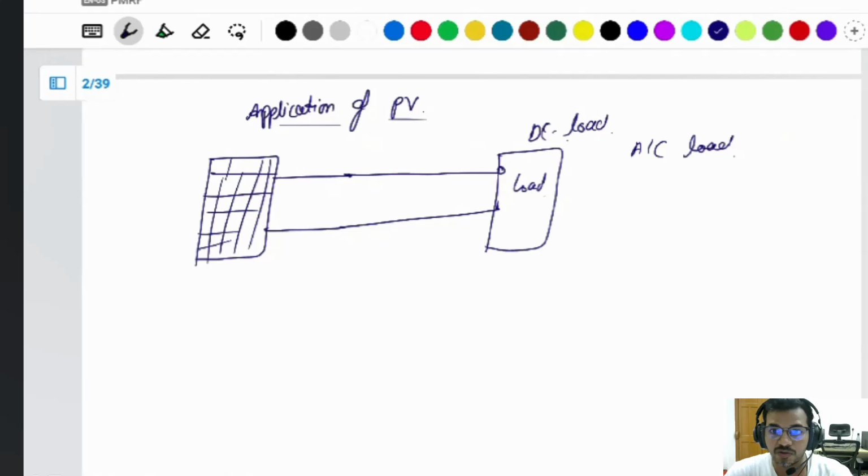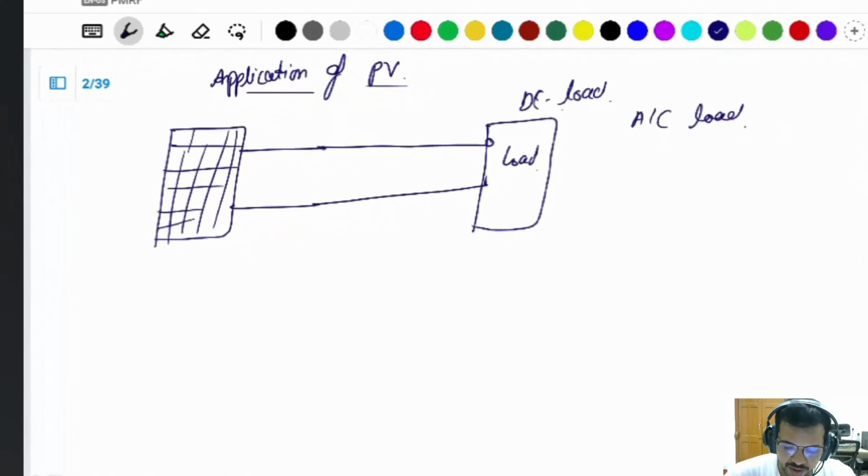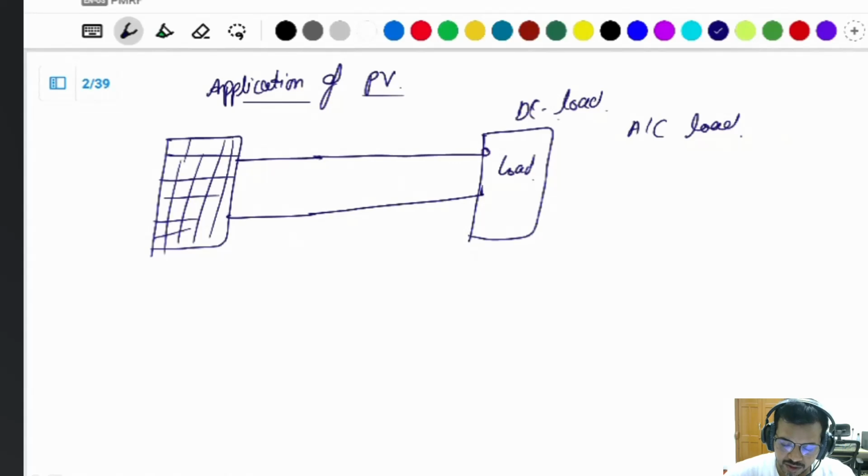That's why the voltage also changes. Then you require a converter to stabilize the voltage. You can't connect a load directly, but for low voltage variation, you can connect to the load.